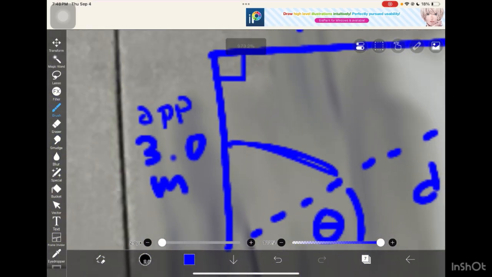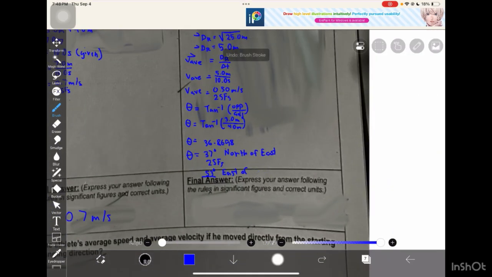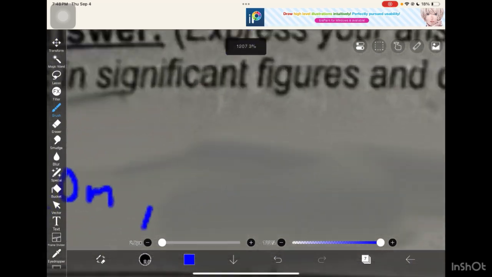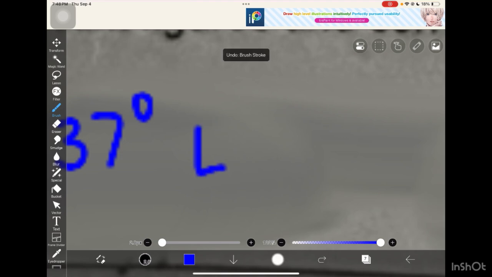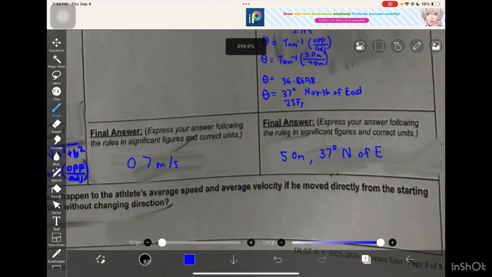If you mix either of those steps, your answer will not be valid and you might get deductions. So just to put it safely, you can use my technique. So therefore, how do we format this? It's going to be 5.0 meters, our magnitude, 37 degrees north of east. And that's our answer.